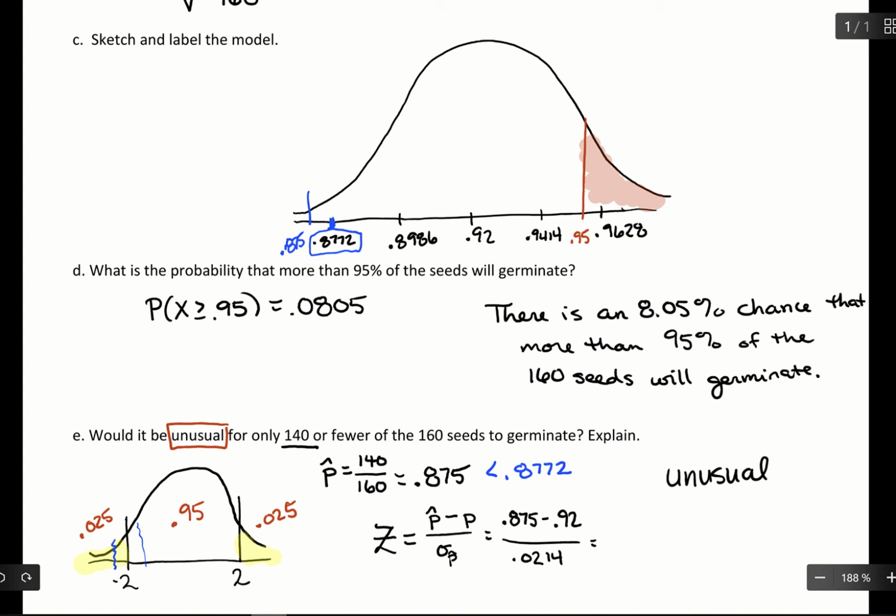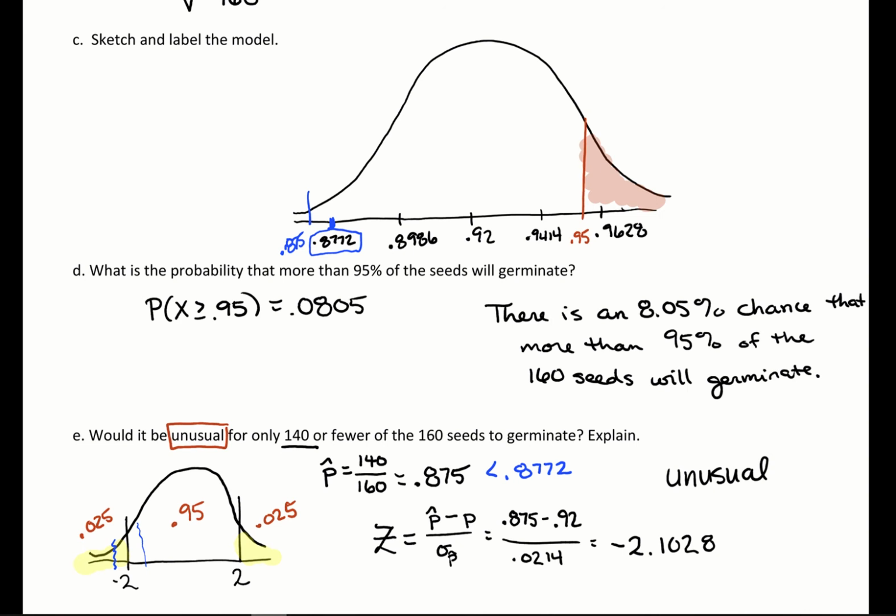If we plug this into the calculator, we should get something that shows we're more than 2 standard deviations away from the mean, which happens with this negative 2.1028. So it's unusual since it's more than 2 standard deviations away from the mean.